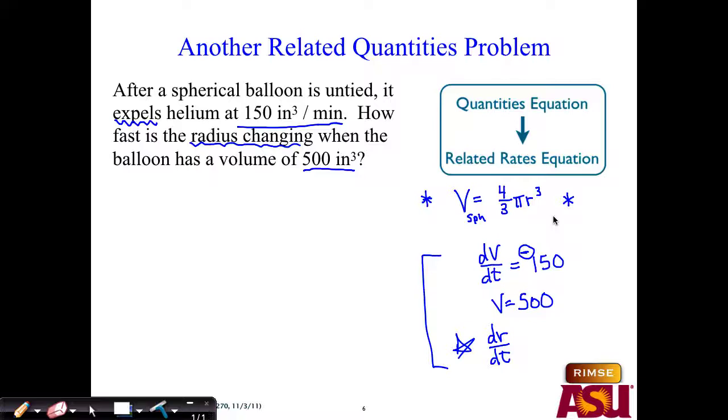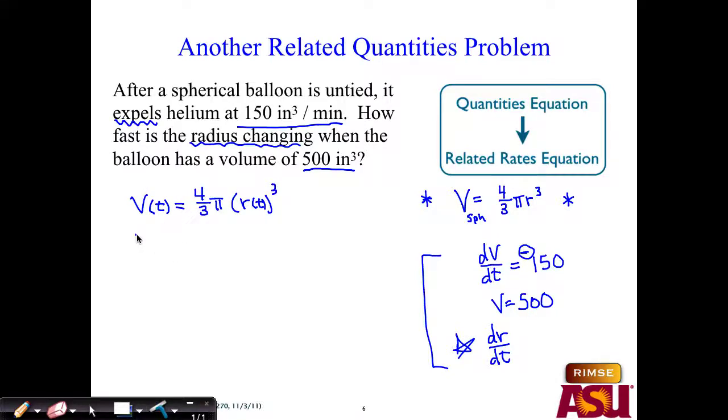Starting from this volume equation, I'll write it as V of t. The volume at any point in time is 4/3 pi times the radius cubed at that same point in time. So you can see a similar structure to the cube formula, just a messier coefficient. So if I want to know rates of change, I'm going to take derivatives with respect to time to get these sorts of rates in cubic inches per minute and some other time-related rate.